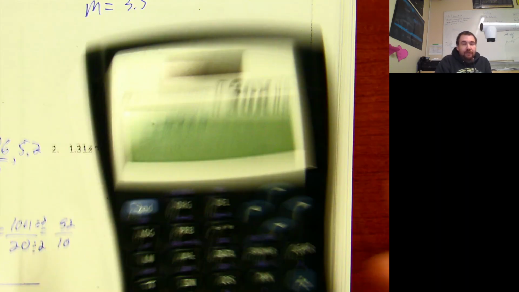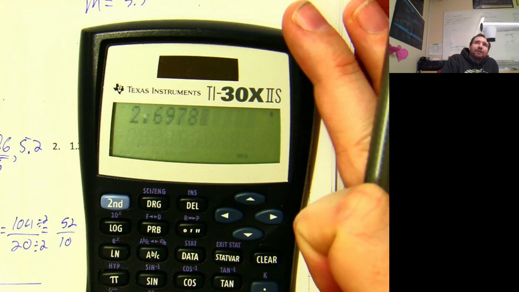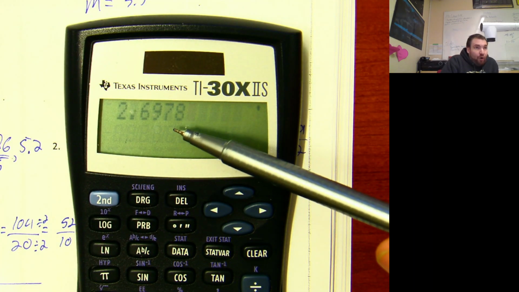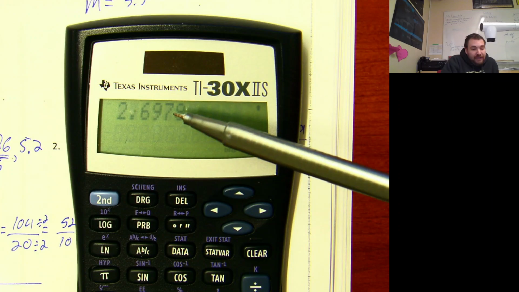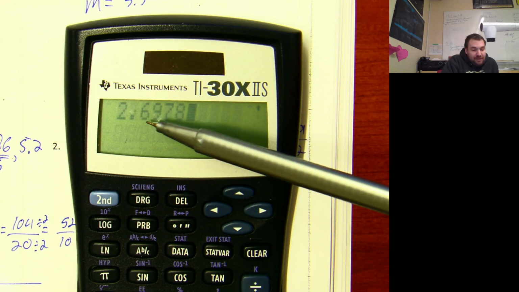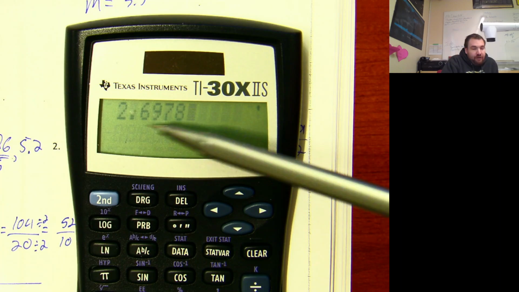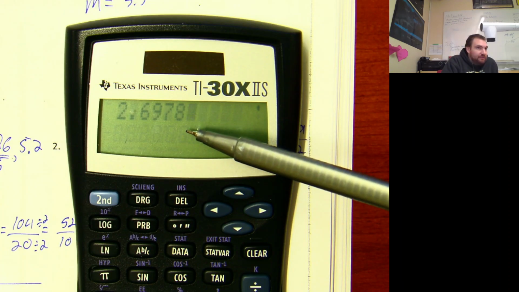Let's just give you a value here. If this is the number it gives you and you want to know what that is as a fraction, you have to put it over this part here, the 6978, over 10,000.